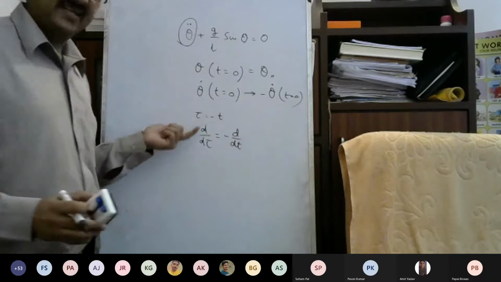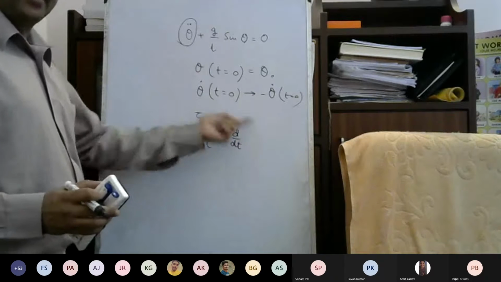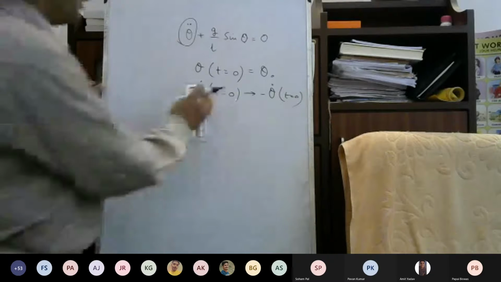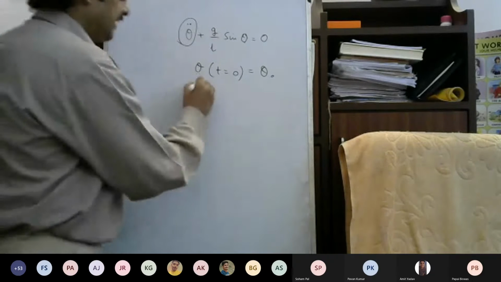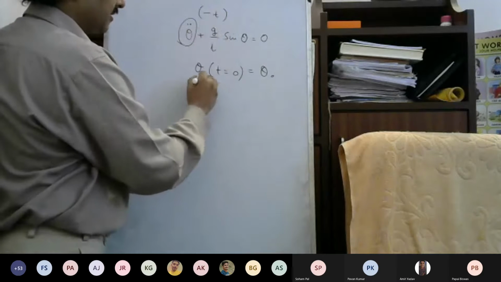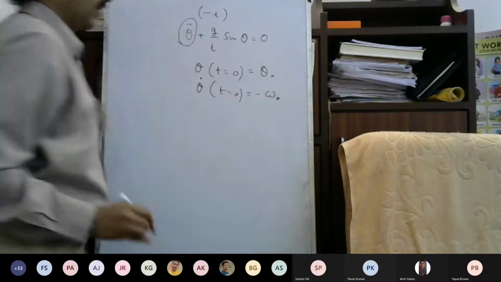So the initial condition now, in this particular frame with negative time, has theta dot at t equal to 0 as minus omega naught.